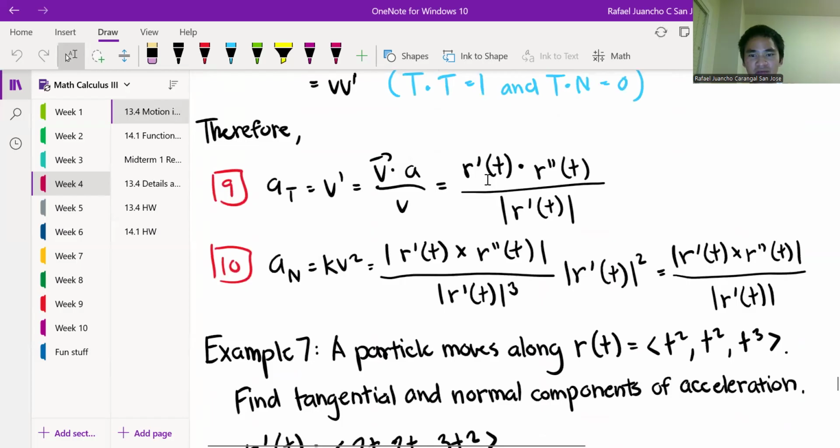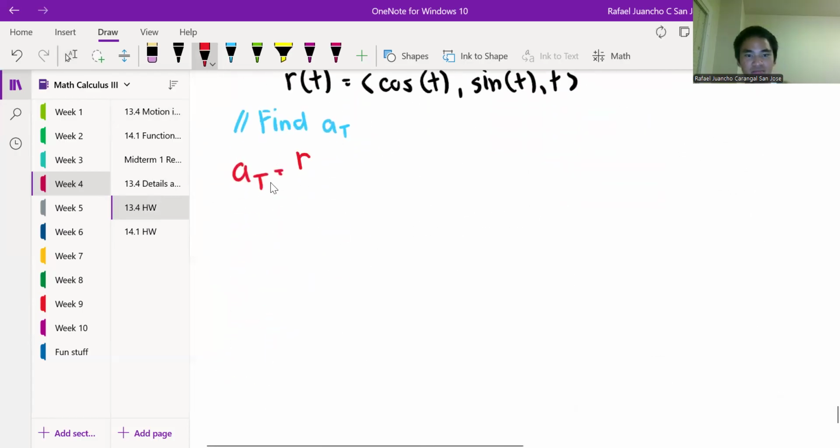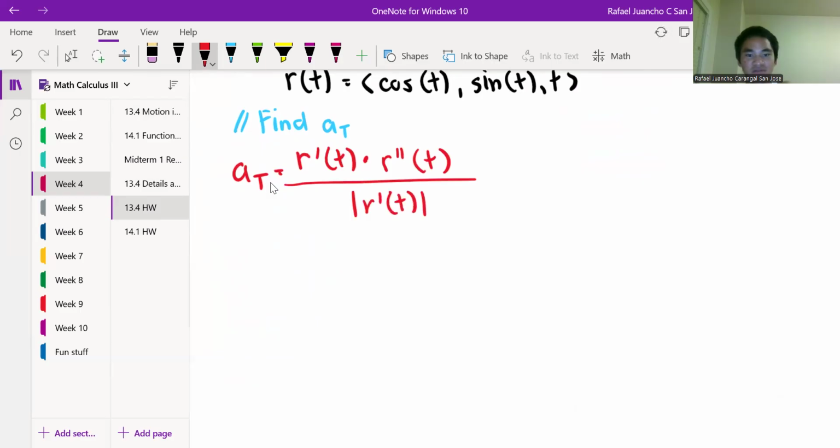R prime of t, the dot product of its second derivative over the magnitude of r prime of t. So just to reiterate, it's r prime of t, the dot product of that with its second derivative over the magnitude of my first derivative.